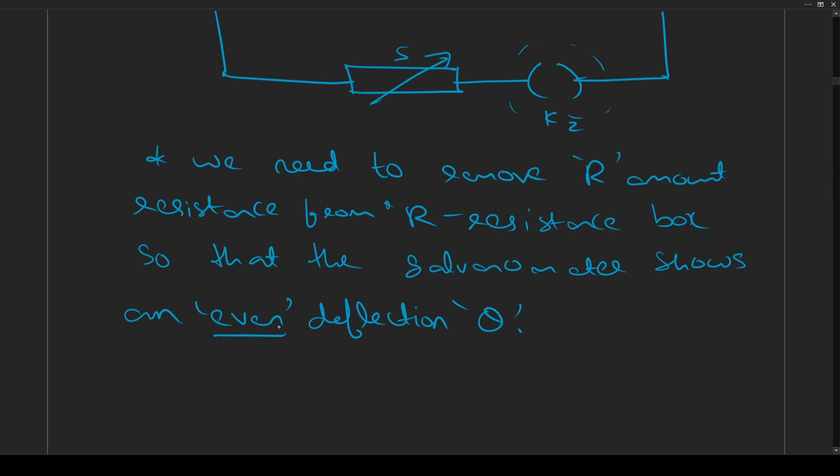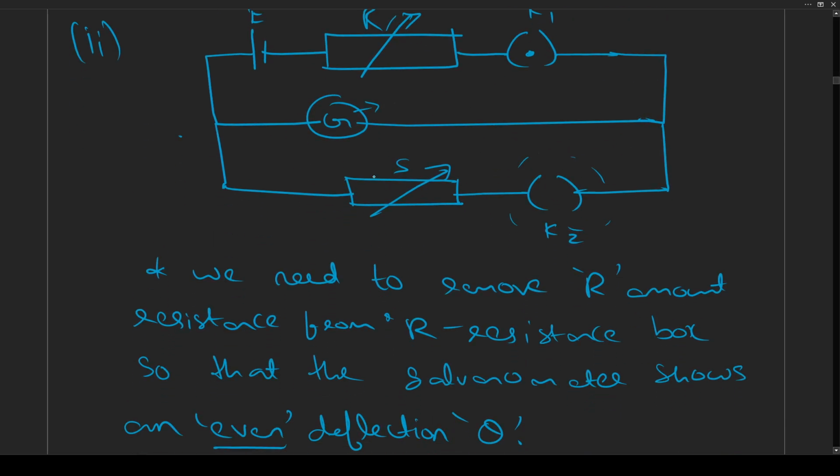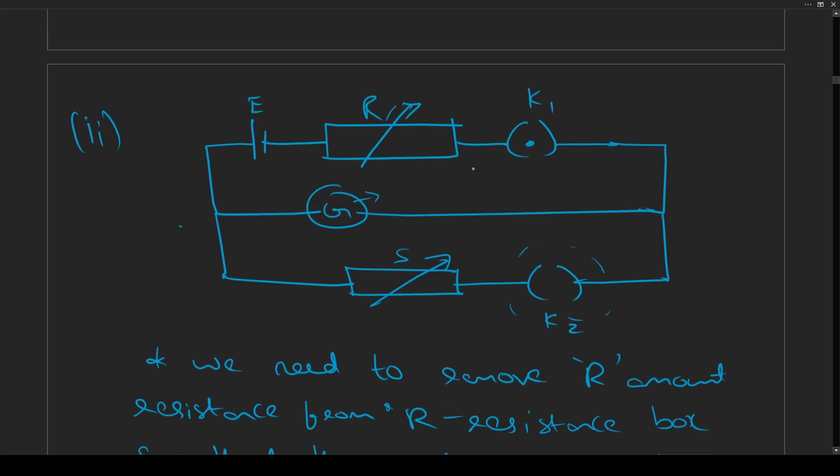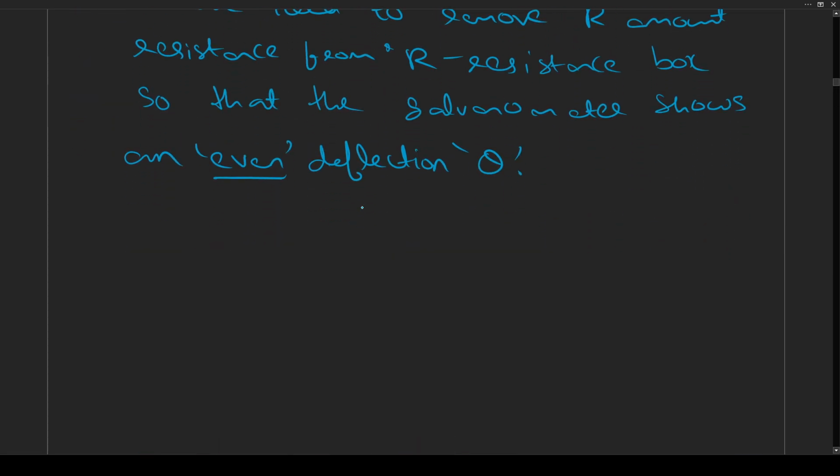It should show an even deflection. Like for example, we should remove enough resistance in this resistance box, so that this galvanometer shows an even deflection, meaning 20, 30, 24, 26, these numbers of deflection it should show. That is the first step.